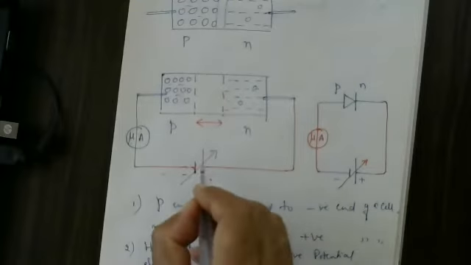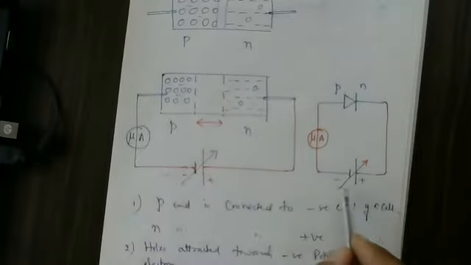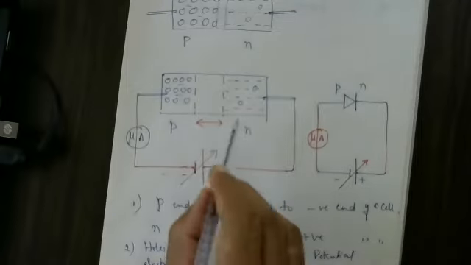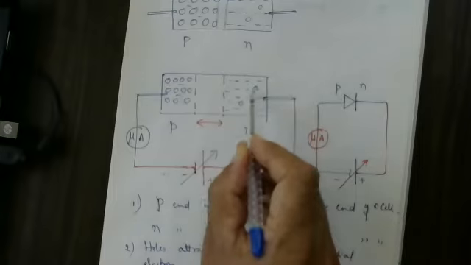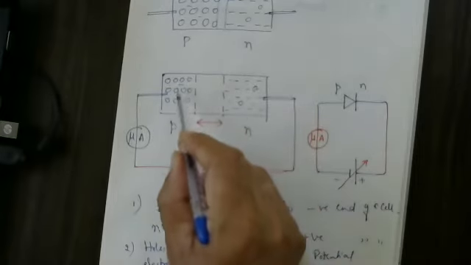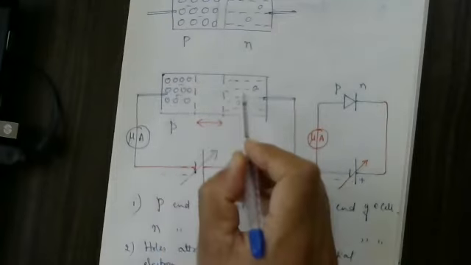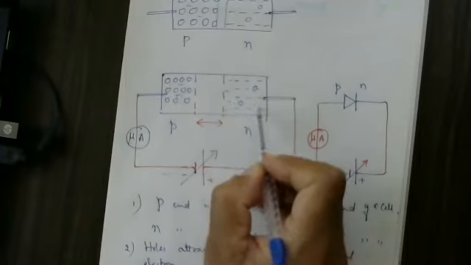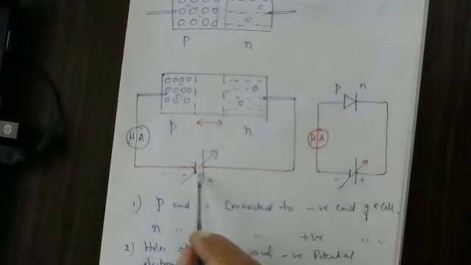Even if you increase the voltage, that current remains constant because it depends only on the minority charge carriers in N variety and minority charge carriers in P variety. They combine and produce a current, and that current does not depend upon this voltage.